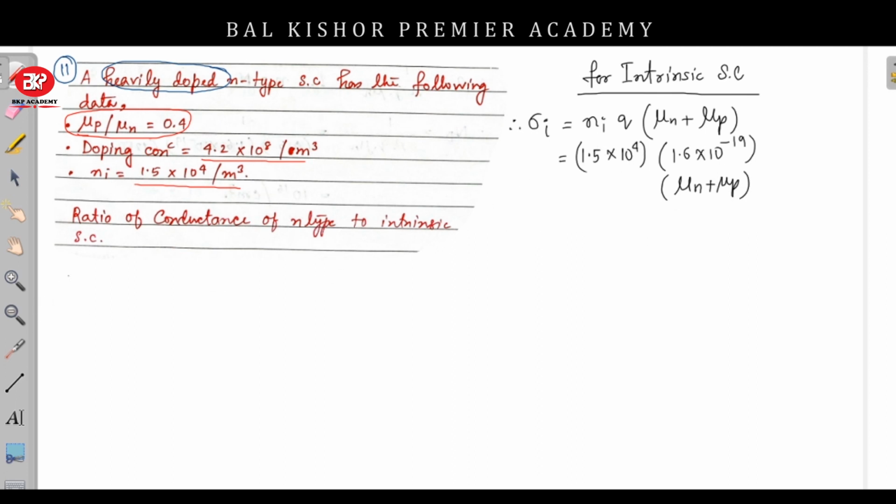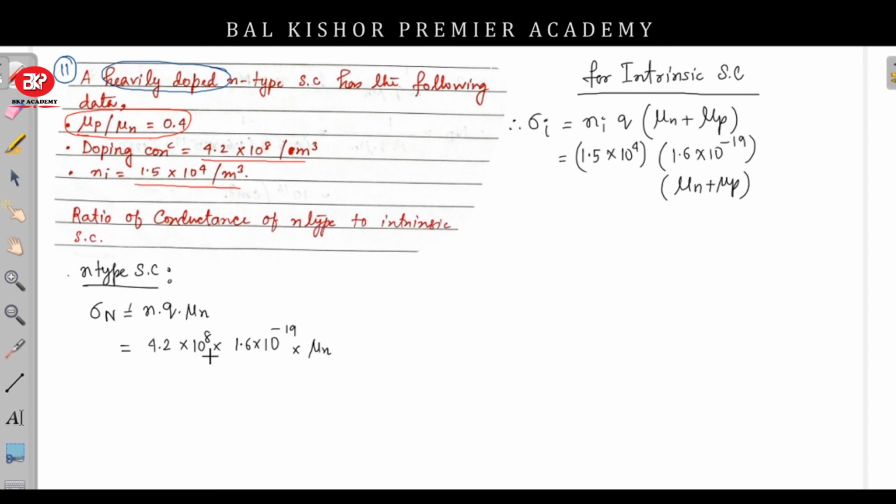Now let us talk about the n-type material. अगर मैं n-type semiconductor के बारे में सोचता हूँ तो इसकी conductivity होगी sigma n. So sigma n equals n into q into mu n. n का value तो doping concentration होगा, that is 4.2 into 10 to the power 8 into 1.6 into 10 to the power -19 into mu n. mu n का value मुझे मालूम नहीं है.